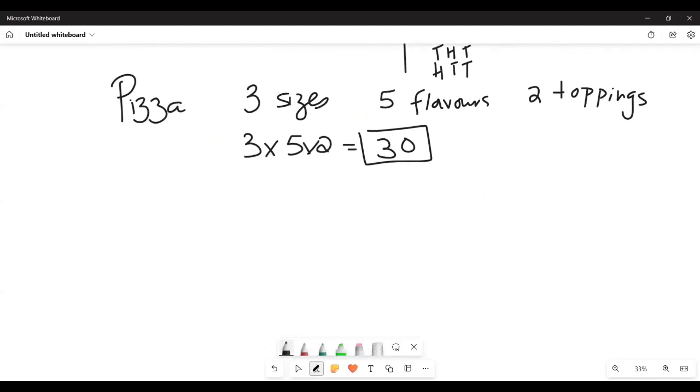You have 3 shirts and 4 pants. Usually it's the other way around, but let's take 3 shirts and 4 pants, and these can be worn in how many ways?